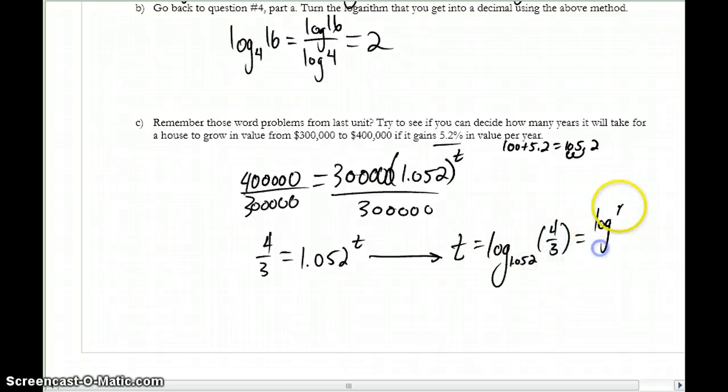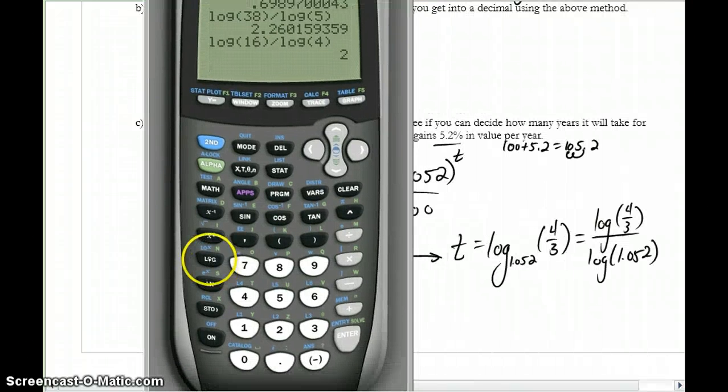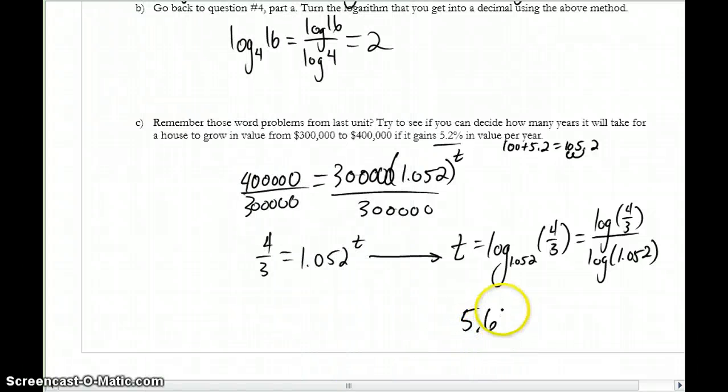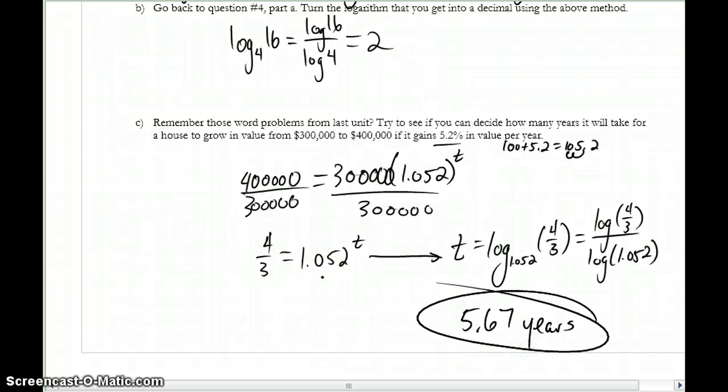We can change this, using change of base, into something we can plug into the calculator. And rather than spending time trying guess and check or using a table, we can say this is log of 4/3 divided by log of 1.052, and we can see exactly that it will take 5.67 years for the house to gain that value at that rate. And that is what we had in class today.